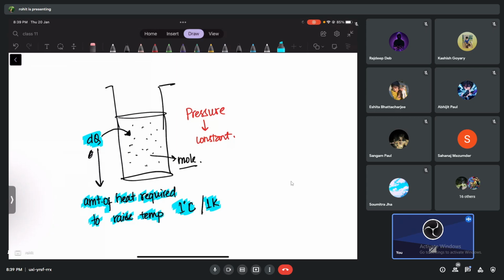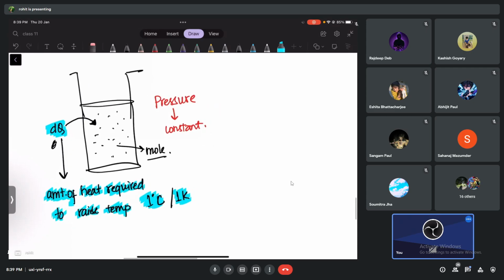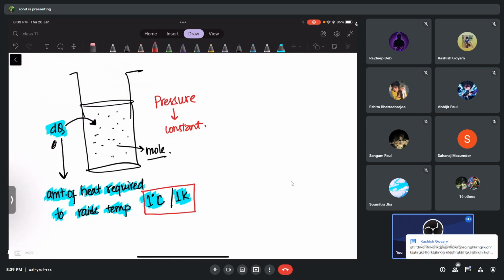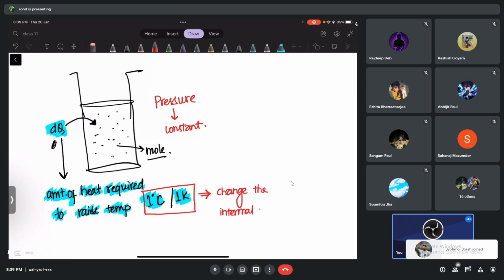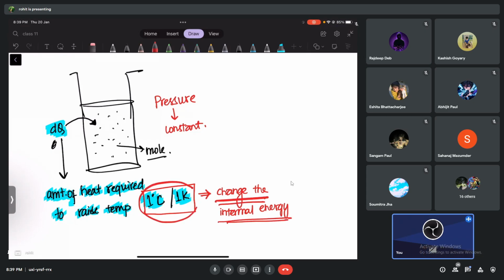Now try to understand this. If I am talking about changing the temperature by 1 Kelvin or 1 degree Celsius, indirectly it means I'm going to change the internal energy, right? Without changing the internal energy, can the temperature of the gas be changed or cannot be changed?